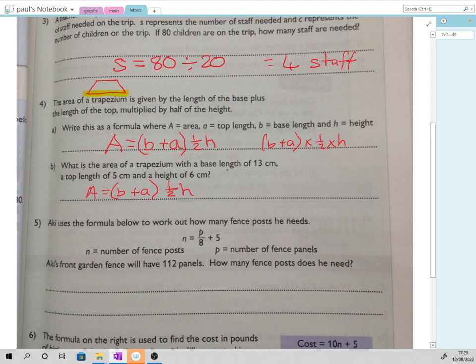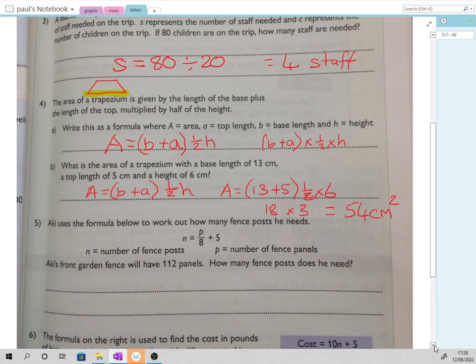So the base is 13, so the area will be equal to 13 plus the top, which is 5, times half times 6, because that's the height. Well, 13 plus 5 is 18, times half of 6 is 3. 3 18s are 54 centimetres squared.